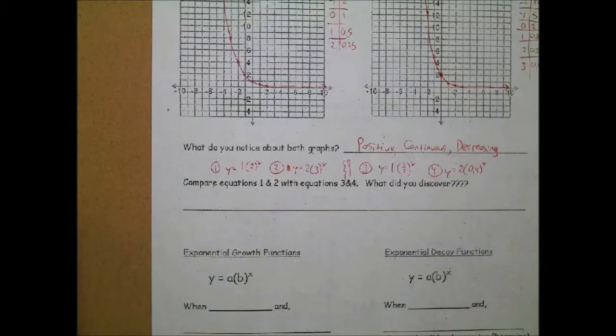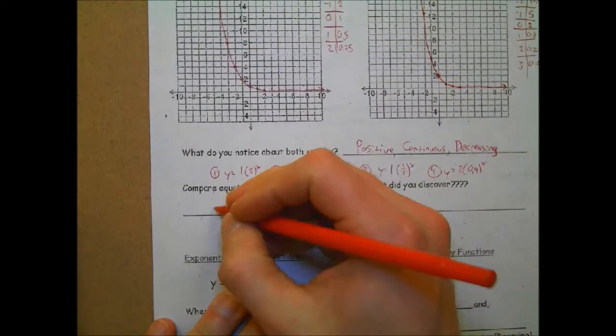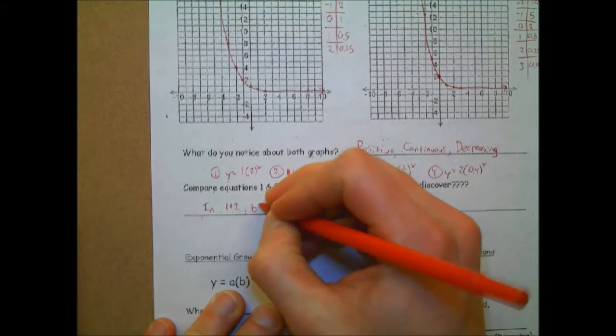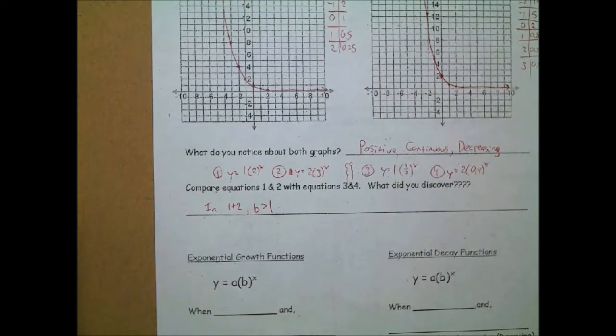So for 1 and 2, b is greater than 1. What about in 3 and 4? What's special about those numbers?